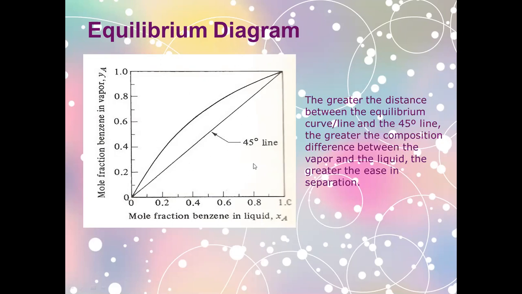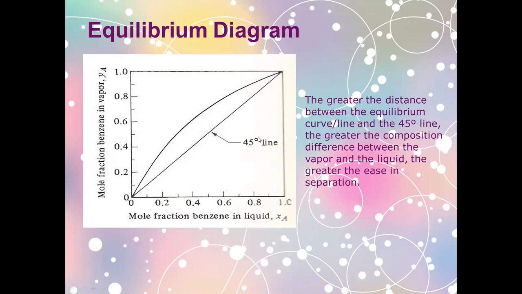Now, in this same graph later on, you are to write the operating lines, or this is where the operating lines that will represent the separation of the component from the liquid phase to the vapor phase happen. However, if we're not going to talk about those operating lines for now, and we're simply going to look into the importance of having the equilibrium curve and the 45-degree line, the distance between these two tells you how easy it would be to separate the components of your feed mixture.